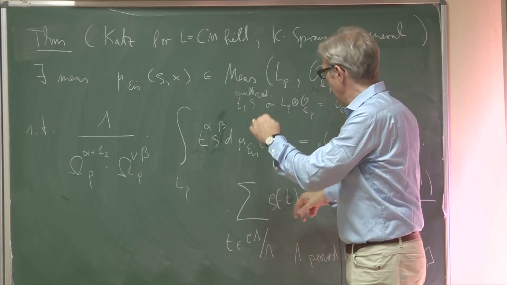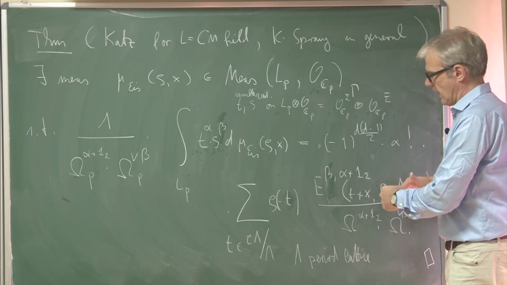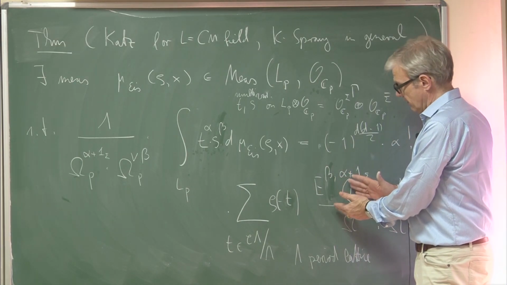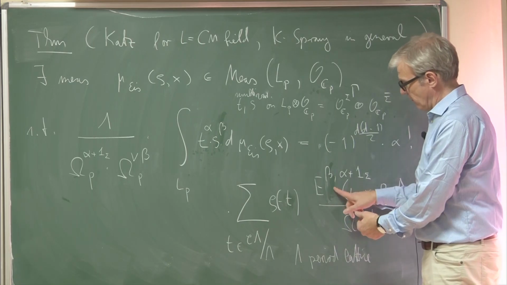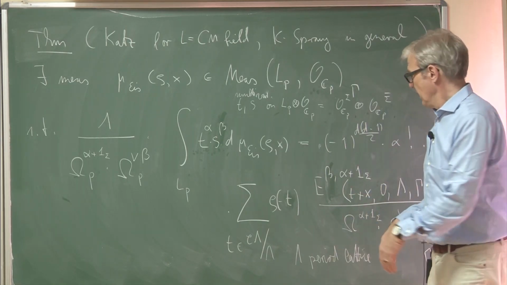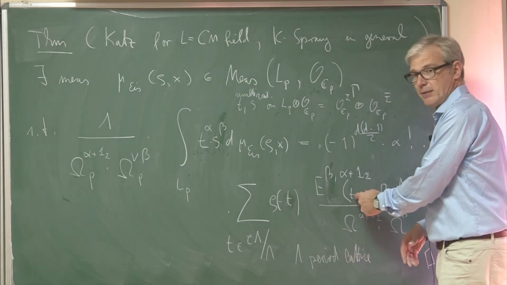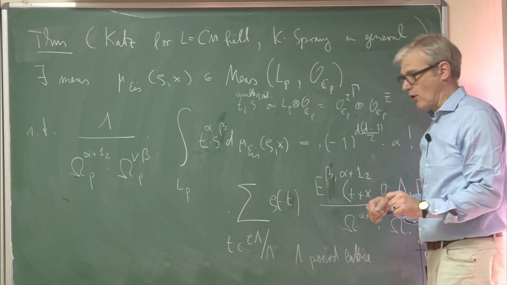And if you use this integration formula, you get first the Eisenstein series. I could have given you also the final outcome. If you want to relate this to the L value, then you have to choose here the right rho, and you have to be a little bit careful with characters and so on.